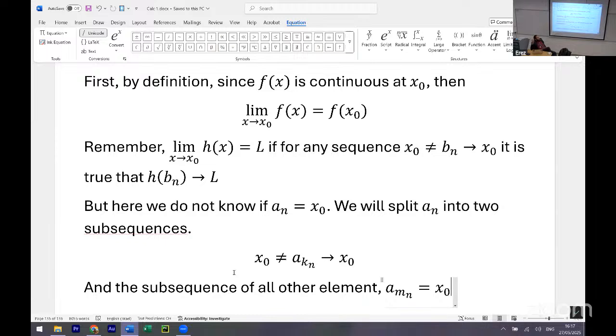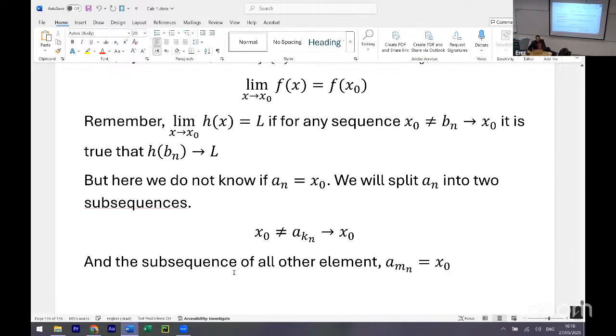Because all of the elements that are not different from x0 are actually x0. So you have at most two subsequences. One of them is constantly x0, and the other one is never x0.